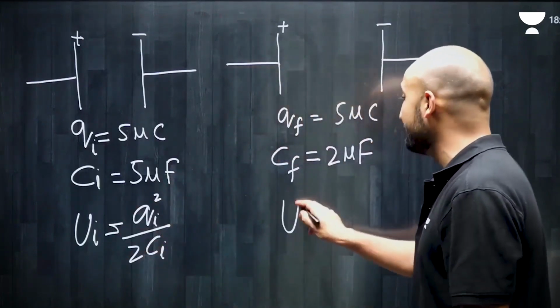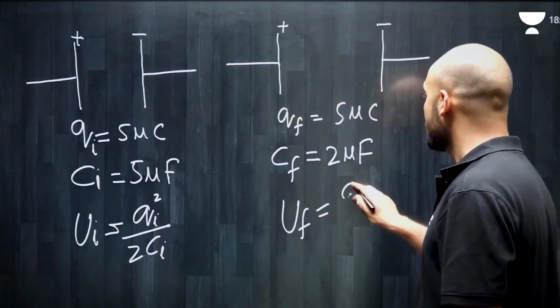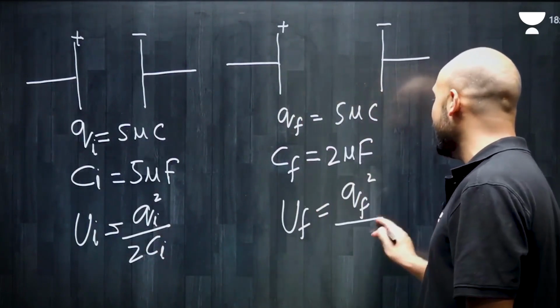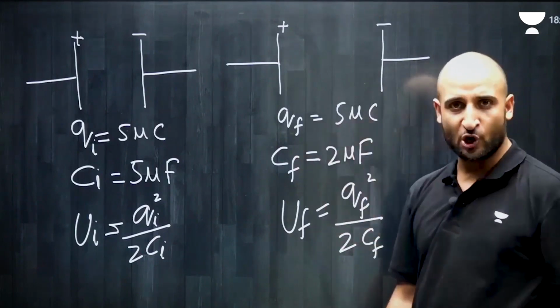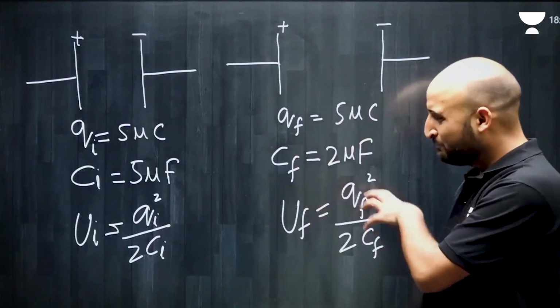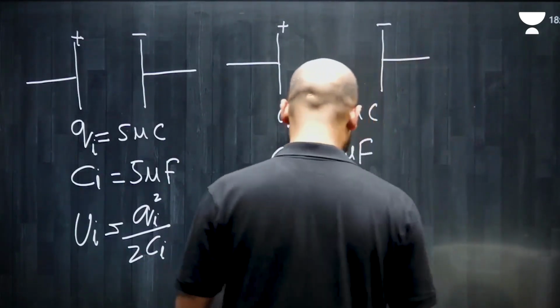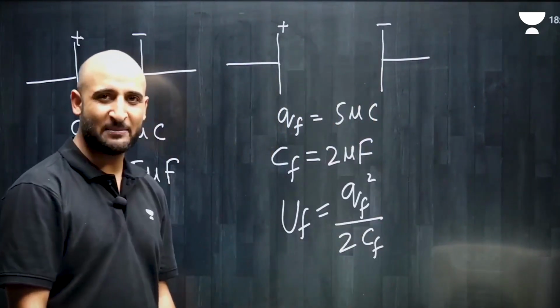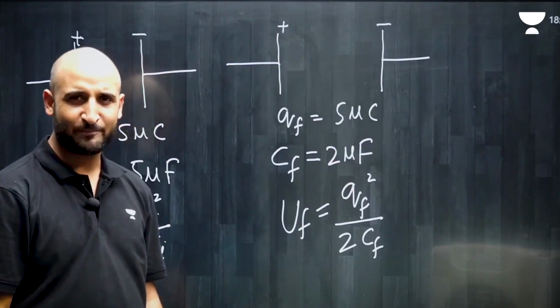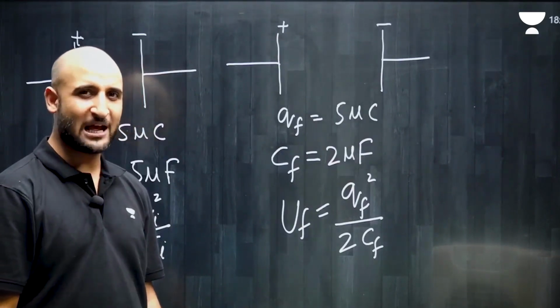I will calculate the final energy stored, U final, Q final square divided by twice C final. I will calculate both. When I do that, again, I have to take help of something which comes from the work, power, energy portion.